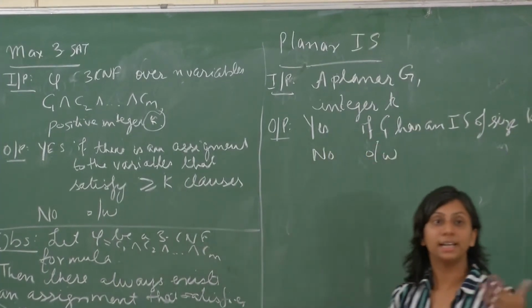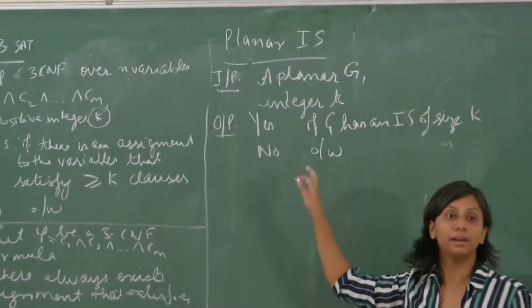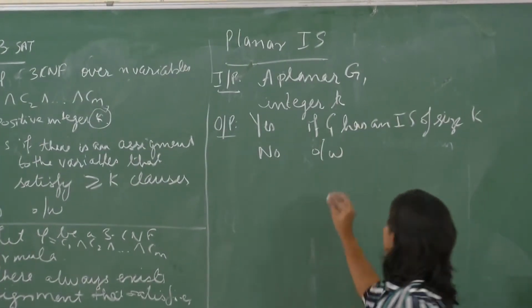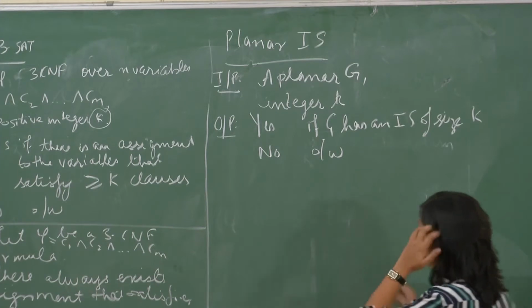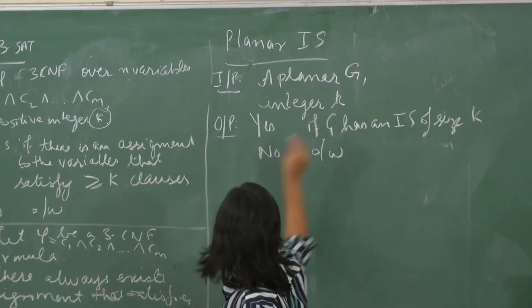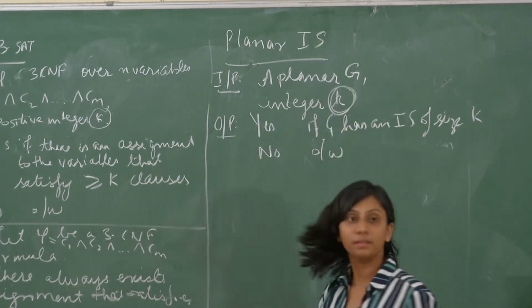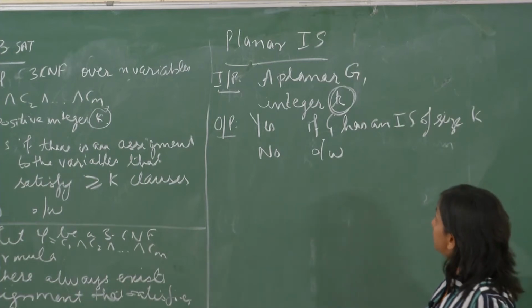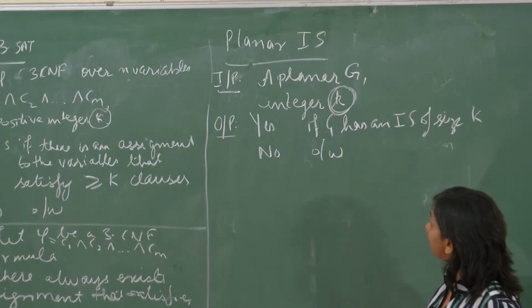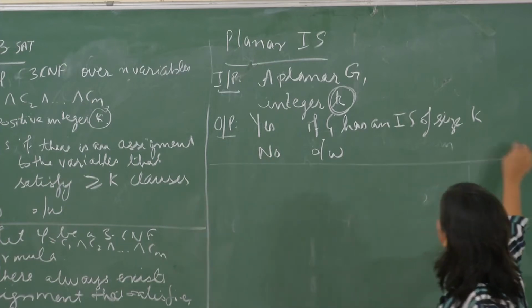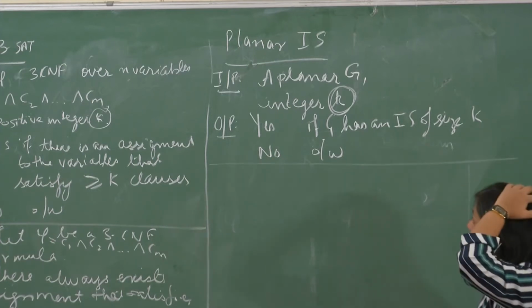So it's the standard independent set problem, but the input is now a planar graph, okay? Again, the parameter here is k.